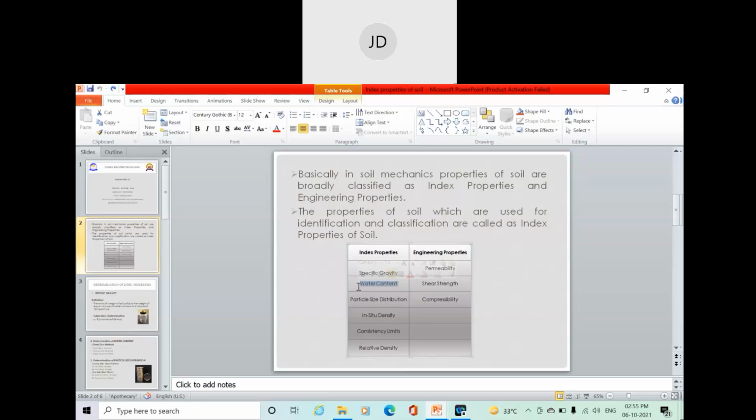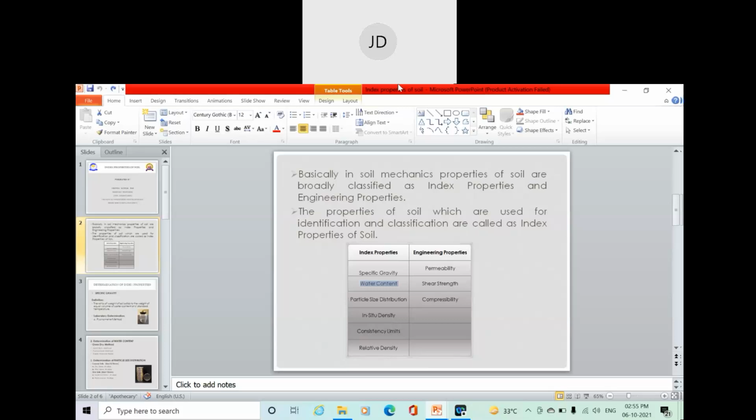accurately. Rather than the oven dry method, there are different methods like the sand bath method, calcium carbide method, alcohol method, and radiation method. Among them, the oven dry method is the most accurate, and the calcium carbide method is the weakest and not accurate.